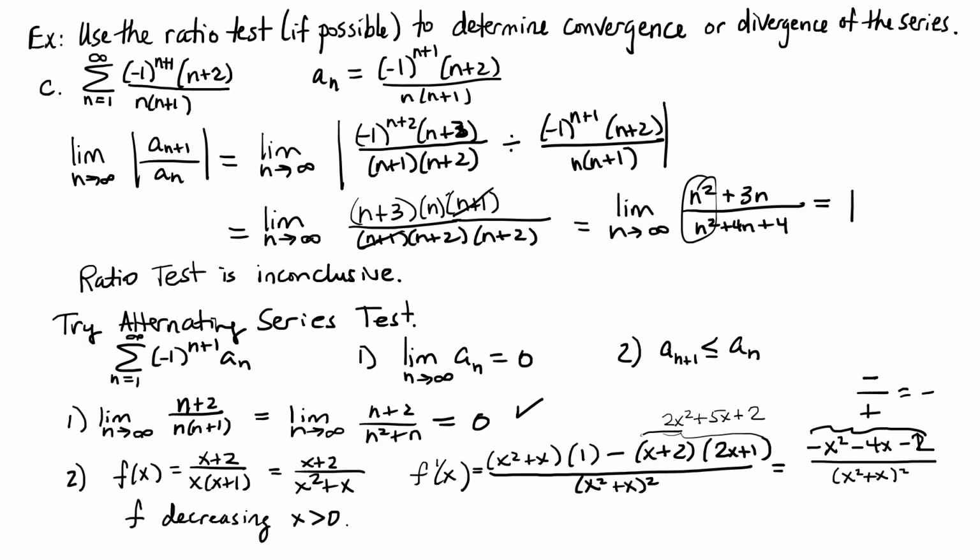Okay, so what that means is that we have a non-increasing sequence, which satisfies the second condition. So we can say that this series is convergent by the alternating series test.